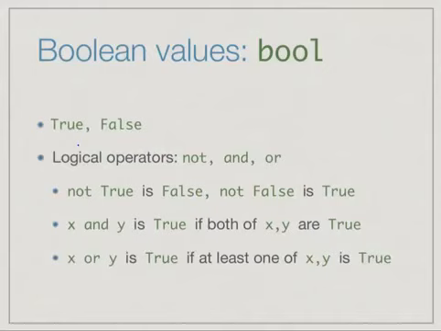So when we use or in English, we usually mean either the first thing will happen or the second thing will happen, but not both. But in computer science and logic, or is a so-called inclusive or, not exclusive. It's not exclusively one will happen or the other, but inclusive. Both may happen. So x or y is true if at least one is true. One of them must be true, but it's also possible that both of them are true.